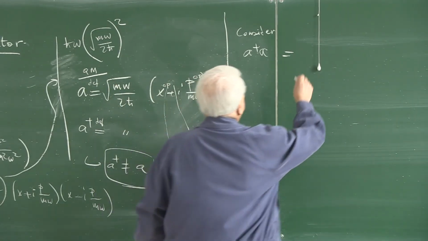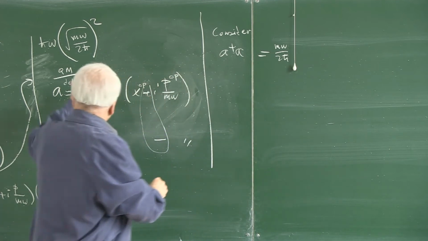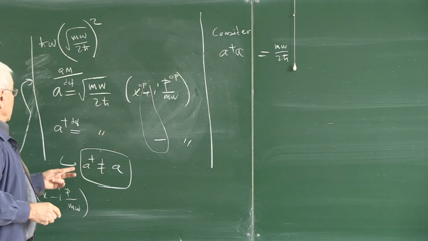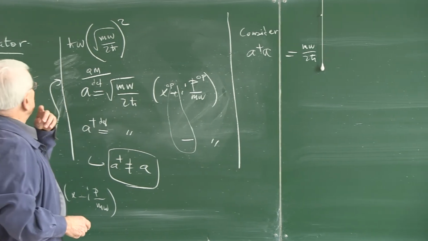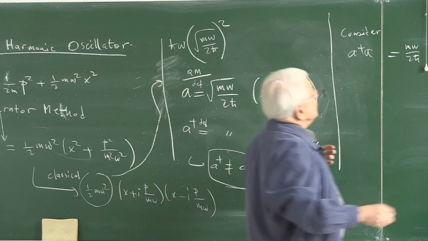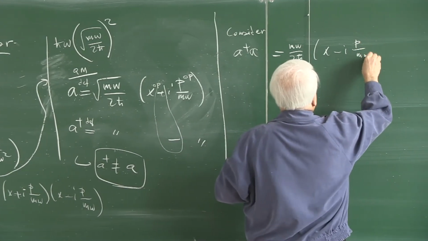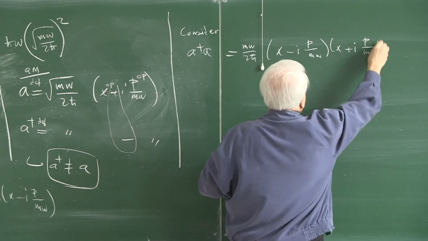I take these and multiply, so the square roots of m omega divided by 2 h bar, and the minus 1 first, because I take the A dagger. Let me write it. Let's not be very stingy in using time. So it is this expression, right?